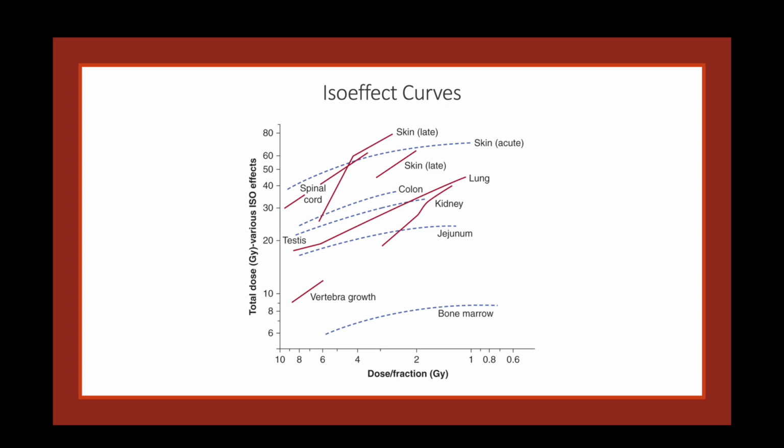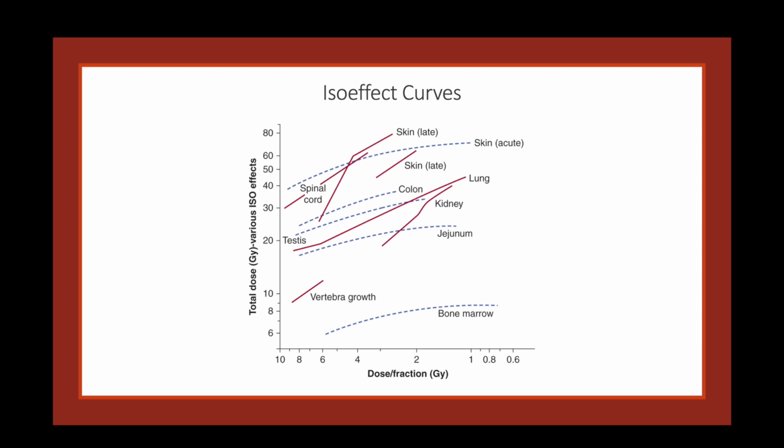And so on this curve, the early responding tissues actually tend to have shallower ISO effect curves. So that means that as we compare the dose per fraction, they're not as sensitive to the dose per fraction. And regardless of what dose per fraction we're looking at on the x-axis, if we look on the y-axis, they're more likely to have a similar reaction, for that same level of total dose.